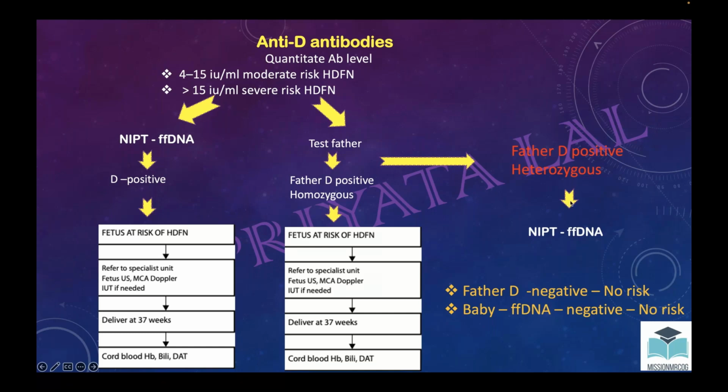So we have to consider baby testing, and baby testing will be done with free fetal DNA. So here we are doing NIPT with free fetal DNA. If the baby is positive, then again the same pathway. But if we find that the baby is D negative, then we are not worried. So now you can see it from here: first, we'll do the test for the father.